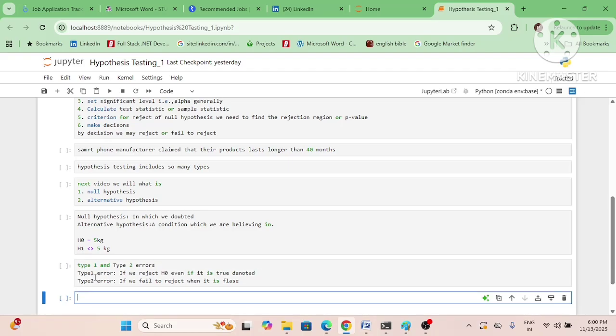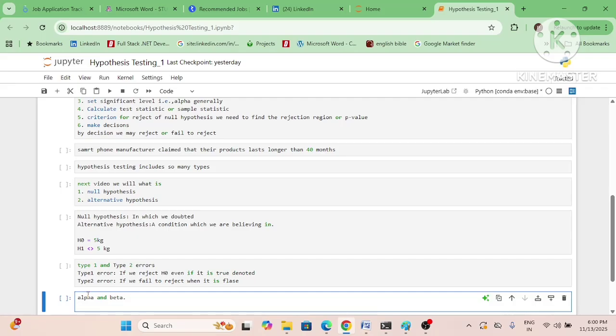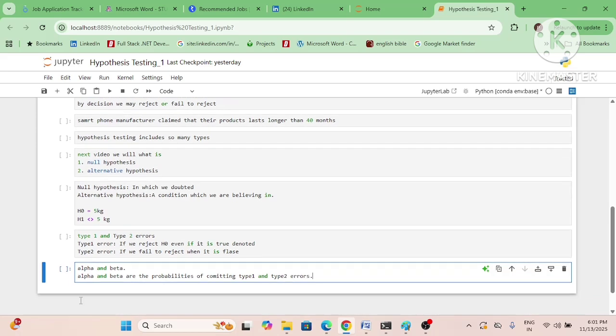So what is alpha and what is beta? Alpha and beta are the probabilities of committing type 1 and type 2 errors.